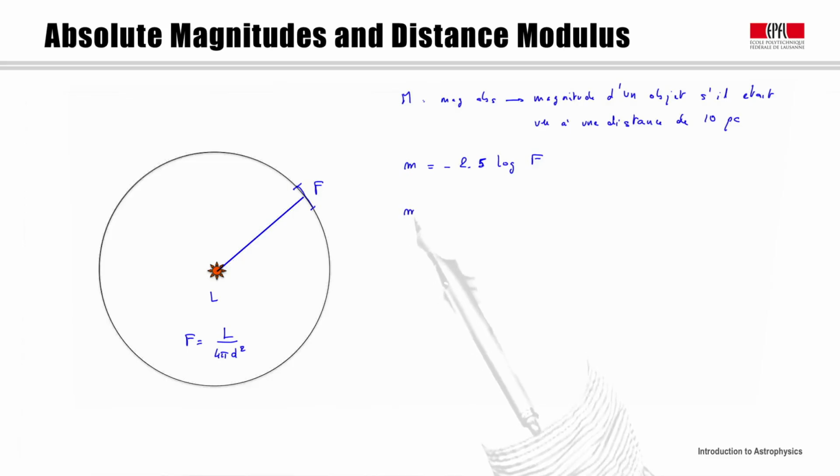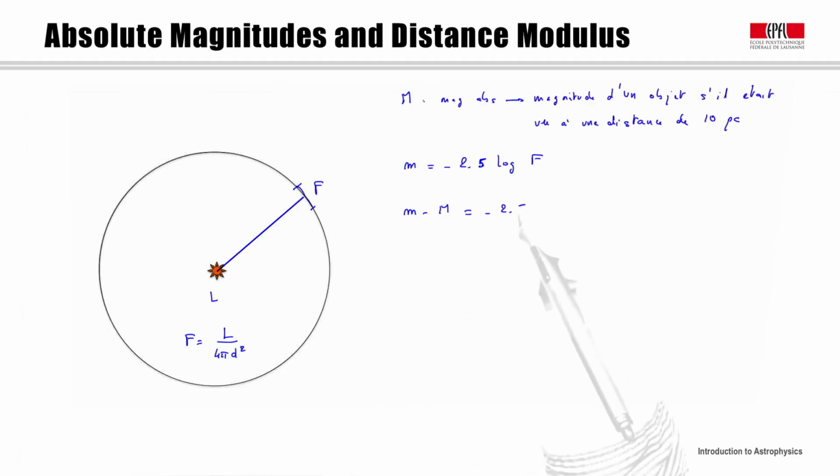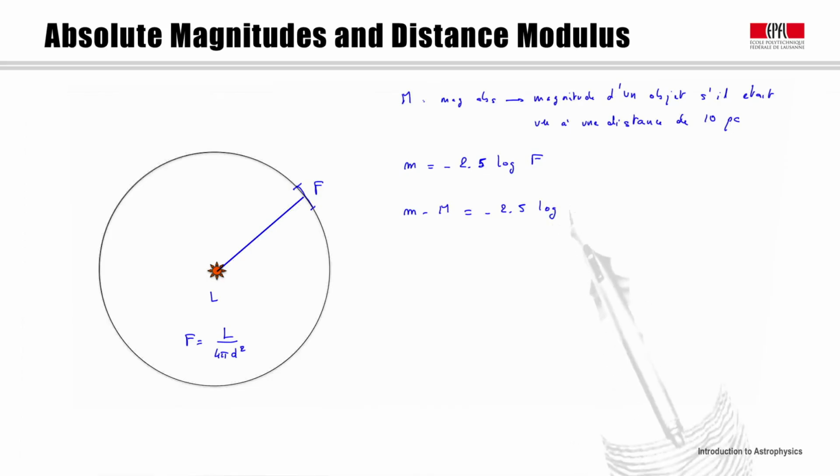We can calculate the difference between the two magnitudes, the visual magnitude rescaled to Vega and the magnitude at 10 parsecs. So again, we use the definition of magnitudes, minus 2.5 log. So the flux is L divided by 4 pi d squared.